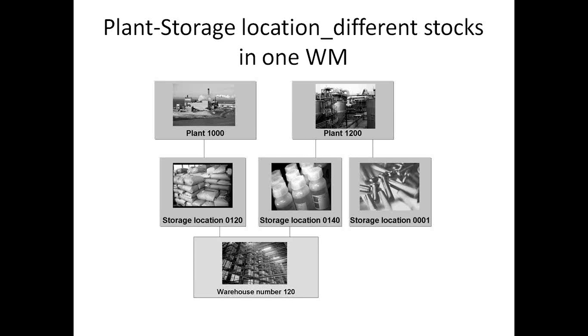Exactly. So now you got it. Whenever you assign the storage location to any warehouse, then it is warehouse managed. Otherwise, it is not, so you don't see the tab in GR. Because it is unnecessary to create a new tab.